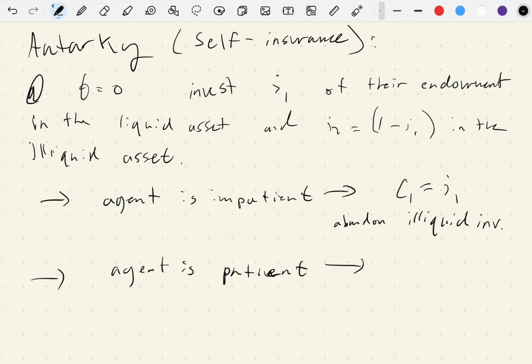Well, if they become patient, they will consume their illiquid investment's return plus their stored liquid funds. All right. So what this looks like mathematically is the consumption will look like 1 minus I1 times the return, okay, plus I1, plus their initial investment. So you multiply the return by 1 minus the investment, okay, plus the initial investment that you had.